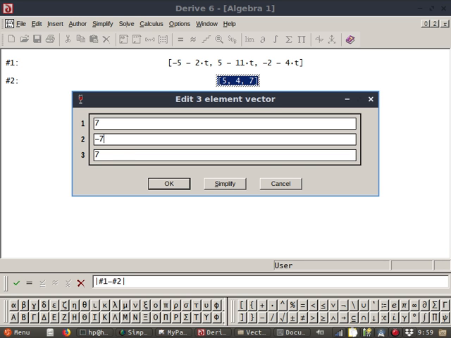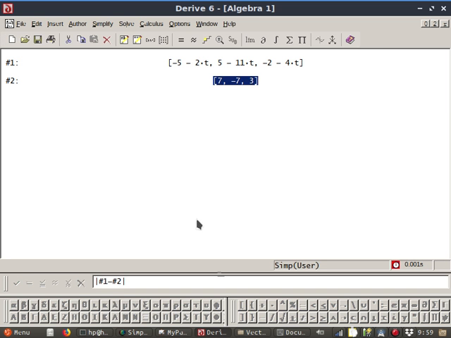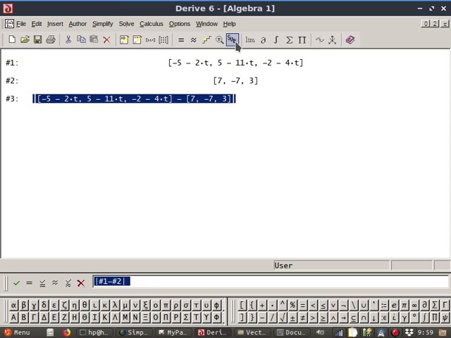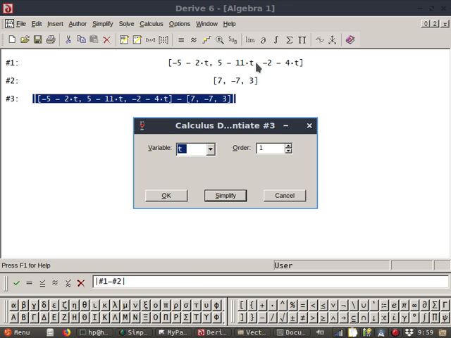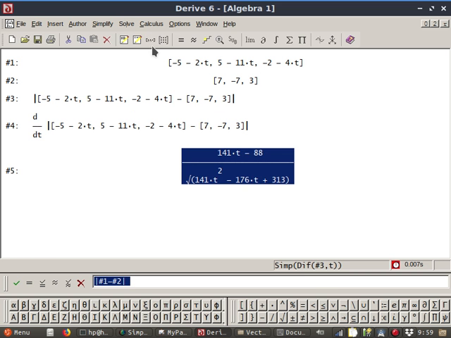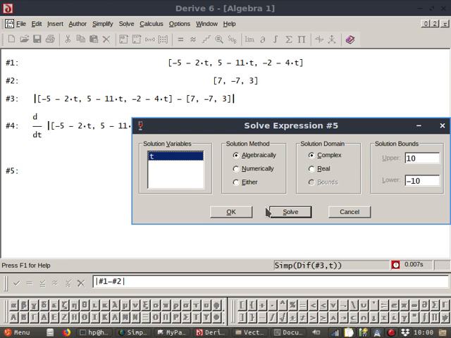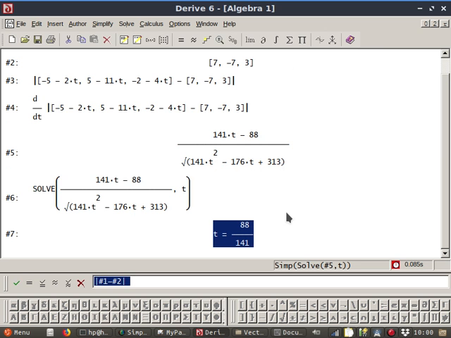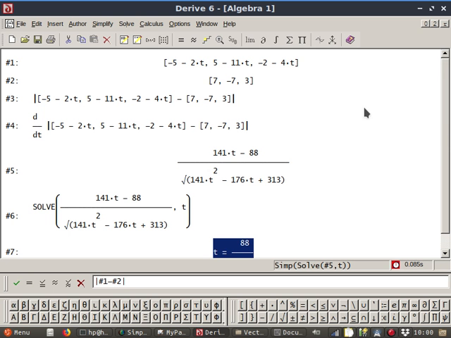Oh, I will check. Well, calculate the distance. Let me see. The T is 88 over 141, the second one. For the first one it's minus.